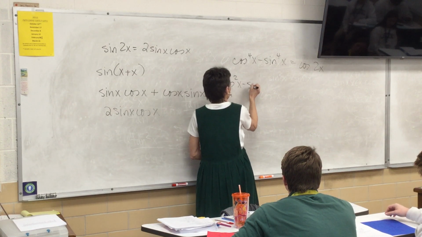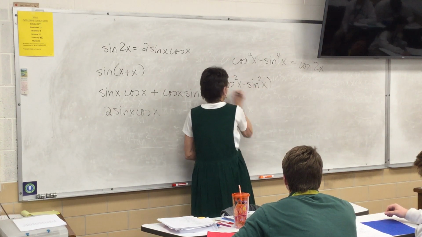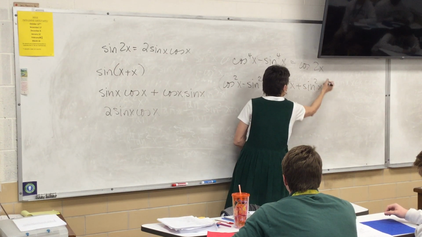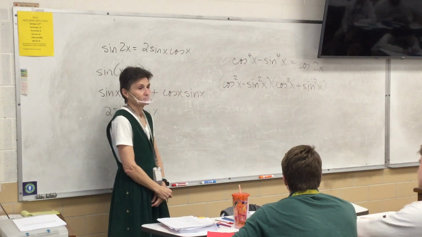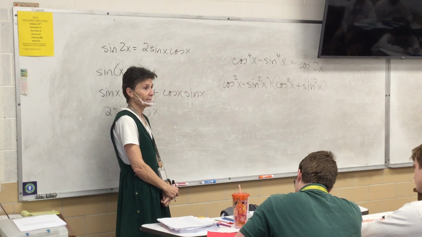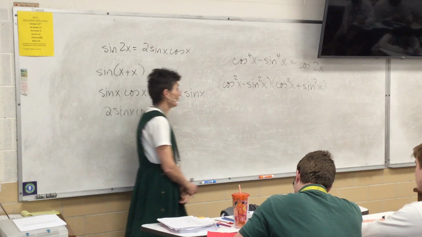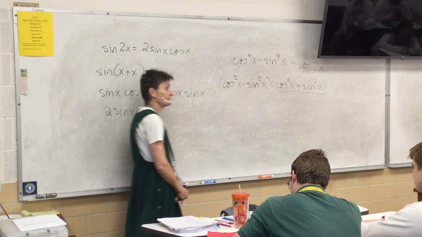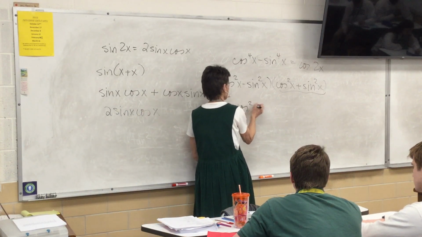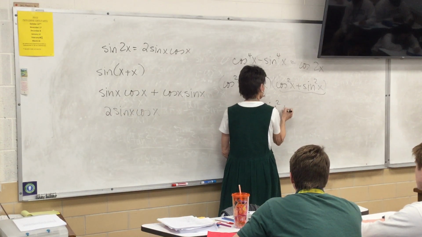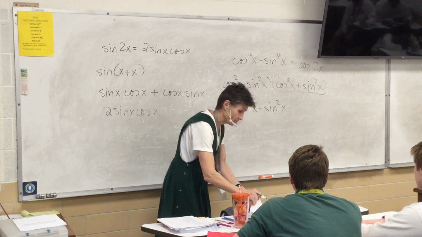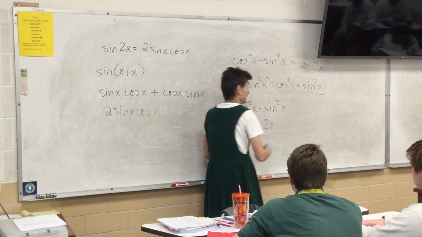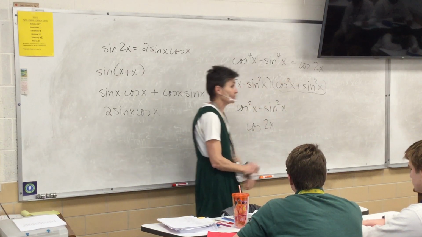So it's cosine squared minus sine squared and cosine squared plus sine squared. Right? Fourth minus fourth. Well, what's this? 1. So all we have left is cosine squared minus sine squared, and I know these are brand new to you, but if you look at your colored sheet, that is cosine 2x. So you did exactly what you set out to do.